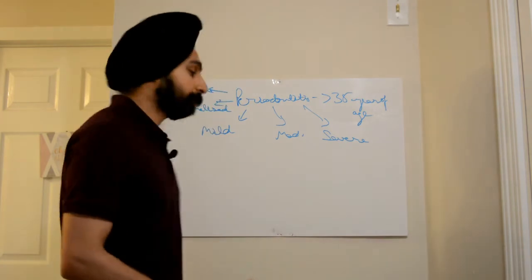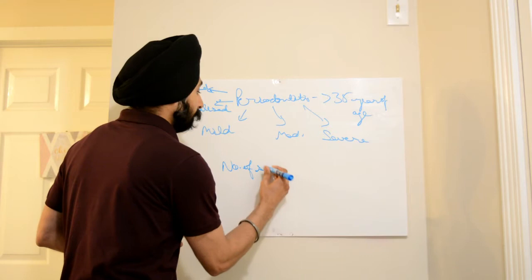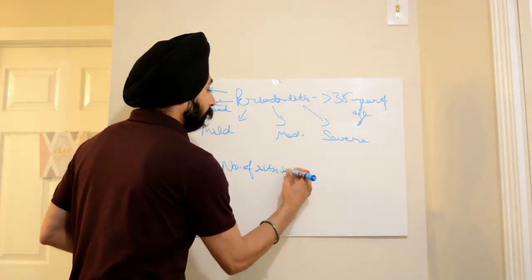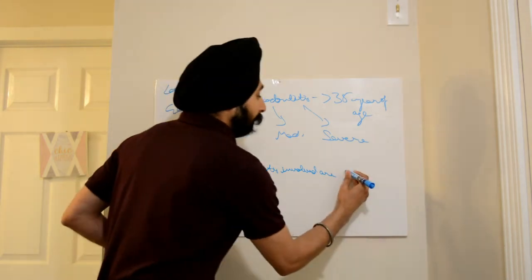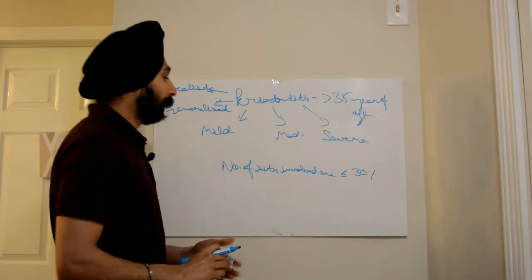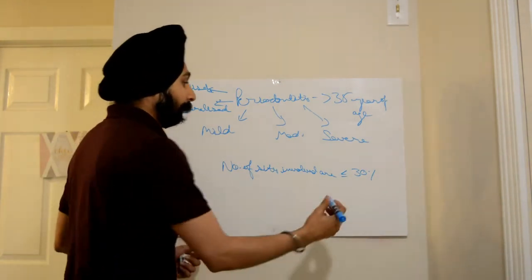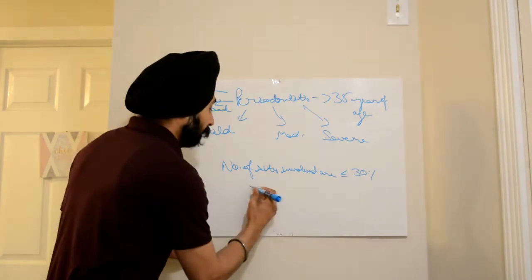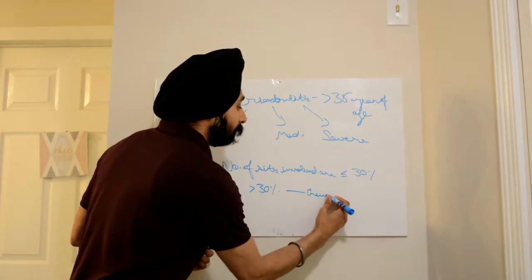Localized periodontitis means when number of sites involved are less than or equal to 30%. I will come to what do you mean by number of sites. Then if the number of sites are more than 30%, the periodontitis becomes generalized.